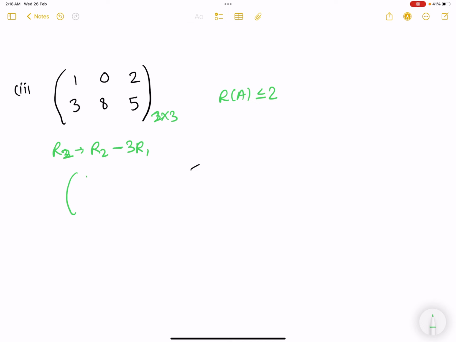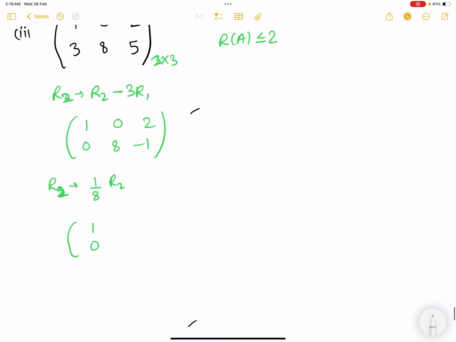So in this case 1 0 2, 3 minus 1 0, 8 minus this is 8, 5 minus 1. So now we have R2 goes to 1 by 8 R2. So this becomes 1 0 0 1 2 minus 1 by 8. So we have two independent rows. So the rank of A in this case is 2.